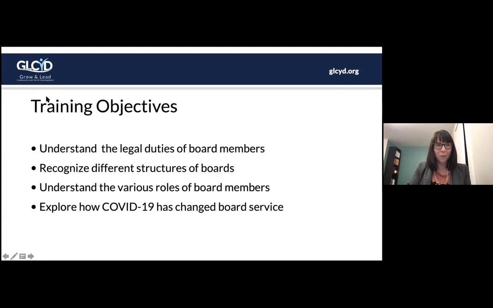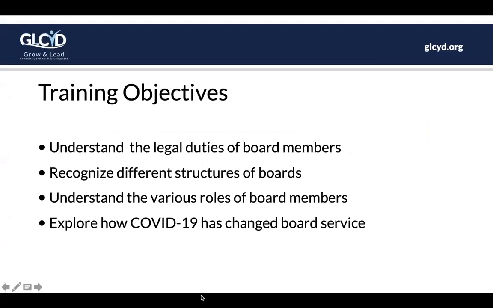Let's get rolling. All right, so you should all see my screen here. I'm going to talk a little bit about some of the objectives we'll be learning tonight. First of all, understanding the legal duties you have as a board member. That was something I know I didn't really realize when I first started serving on a board, that there are some things legally that you need to be doing. We'll look at the different structures of boards.